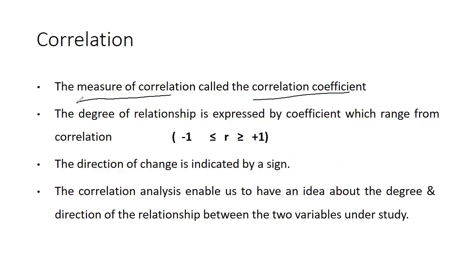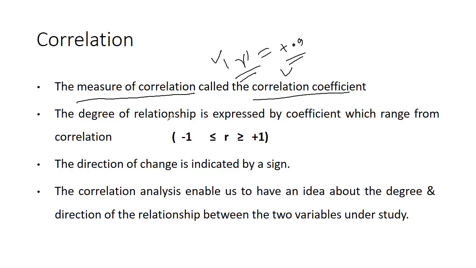The measure of correlation is called the correlation coefficient, and its notation is small r. Through this we can find out the relationship between the two variables. For example, if the value is 0.9, it is a highly positive correlation between the two variables.